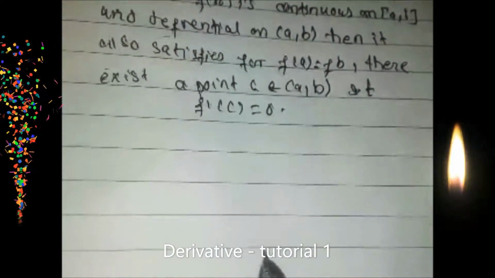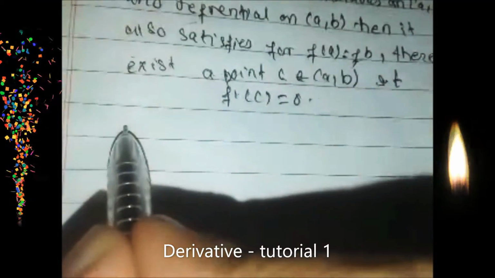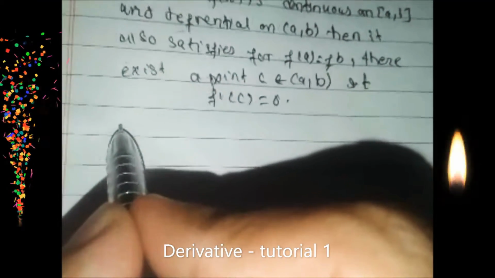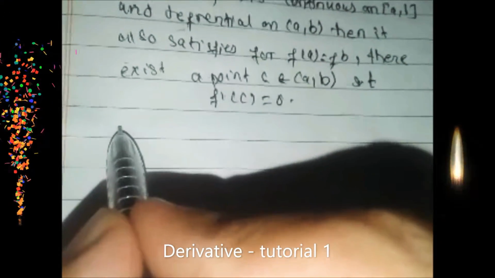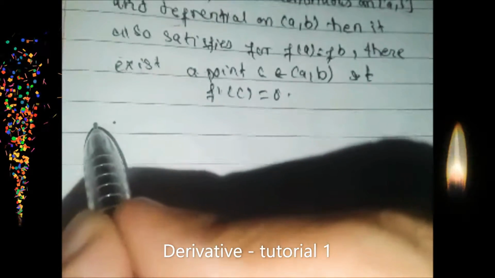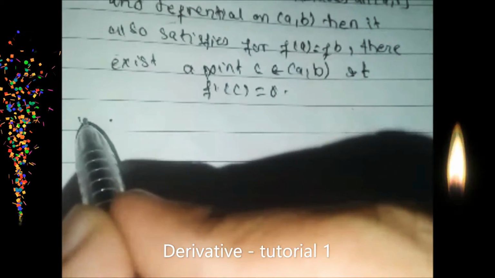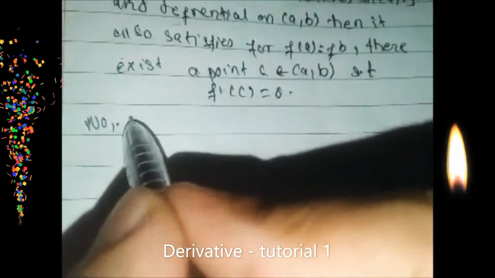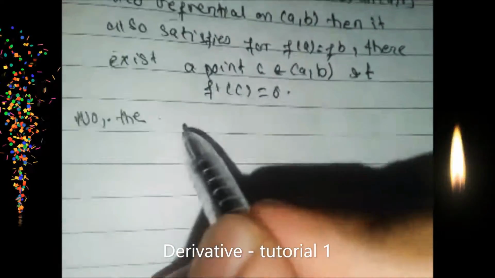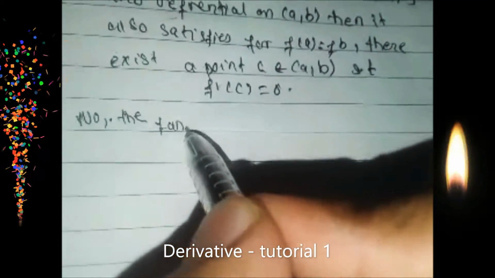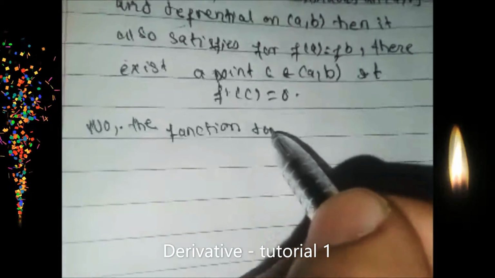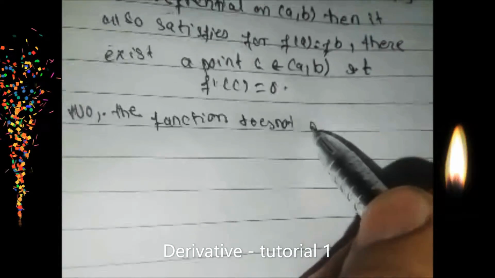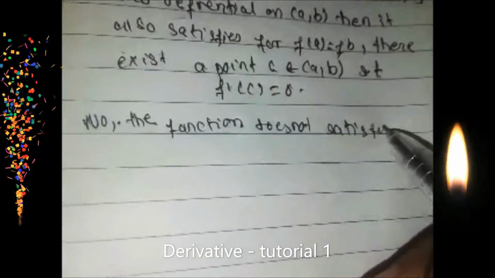The next question asked is: is the theorem true when the function is not continuous at the end points? No. Why no? The function does not satisfy Rolle's theorem.